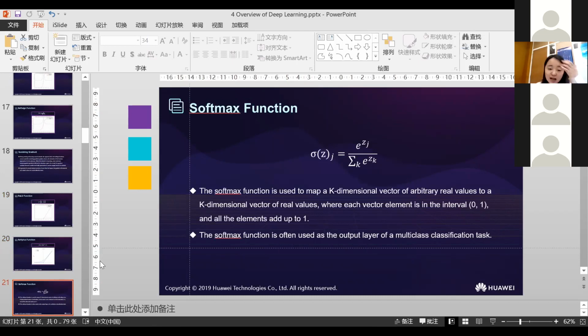So the last activation function we're going to introduce is the softmax function. For the softmax function, here is the equation.